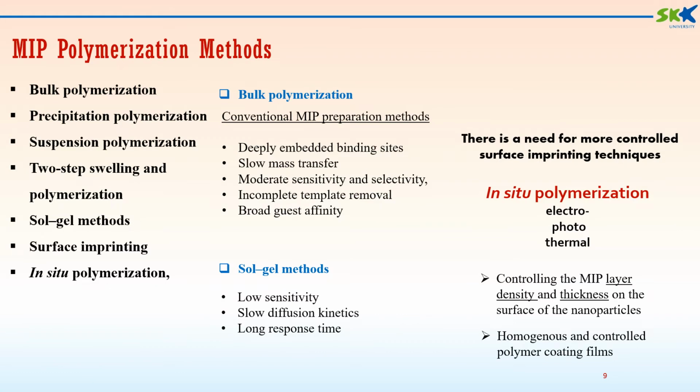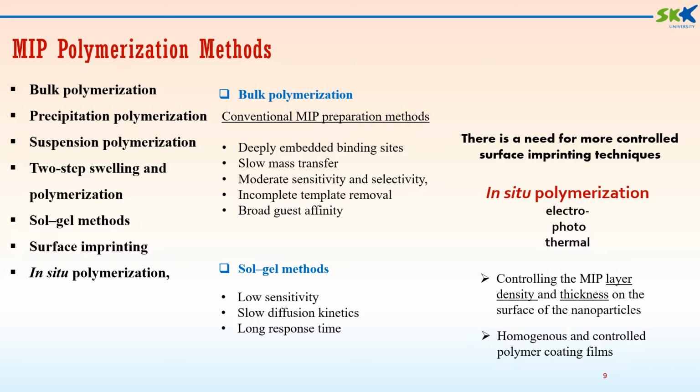The polymerization methods are like all the usual polymerization methods, which could be bulk polymerization, precipitation polymerization, suspension polymerization, sol-gel methods, surface imprinting, and in situ polymerizations. But bulk polymerization, the conventional MIP preparation method, has some limitations here.